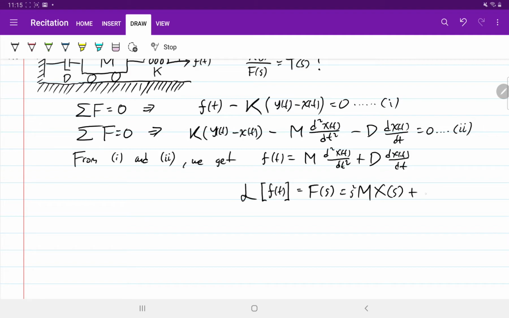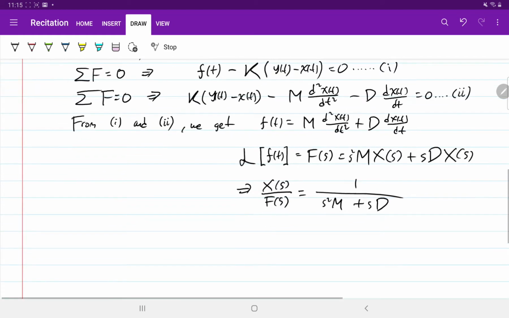So plus d times dx over dt, which is s X(s). Then the transfer function is X(s) over F(s). So you get 1 over s squared m plus s d. Okay.